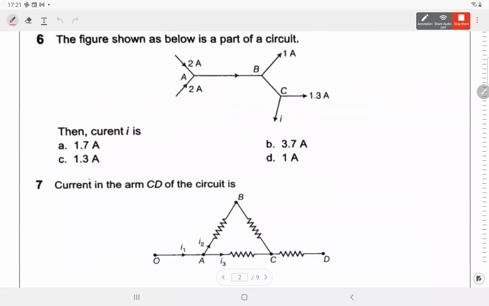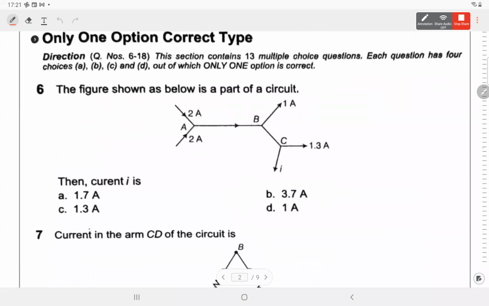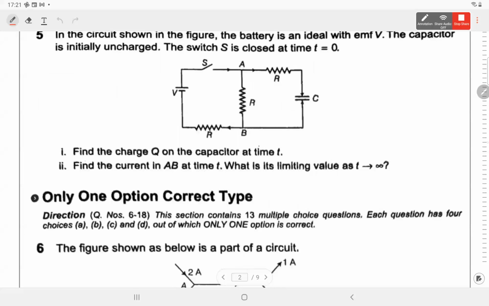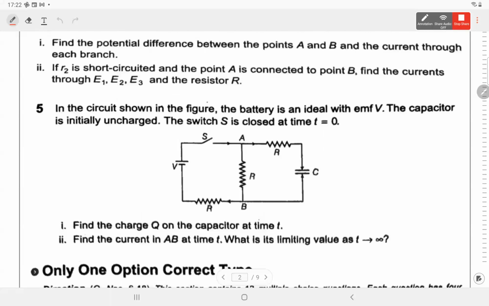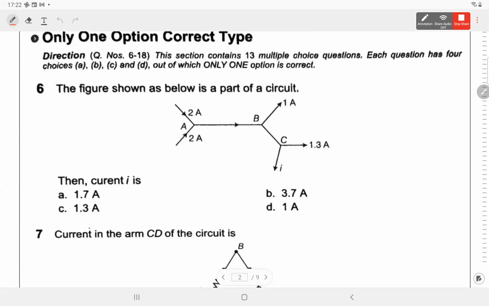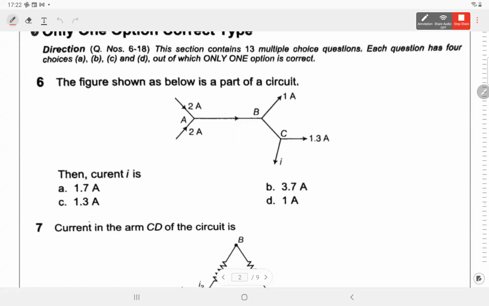Question number 6. In the figure shown, what is the current I? This is the application of junction law.